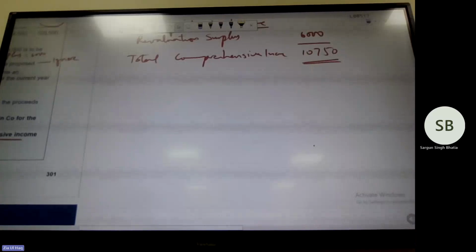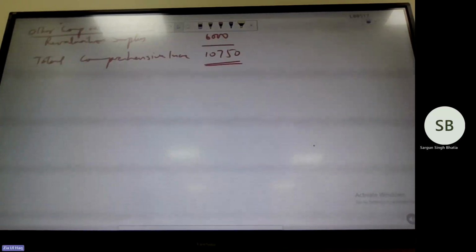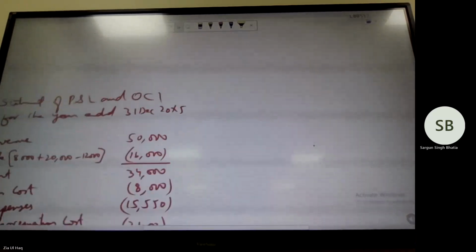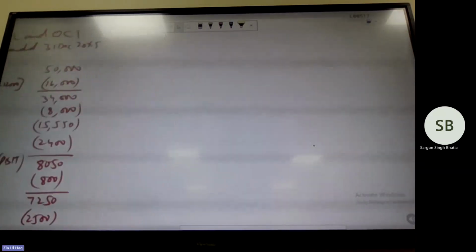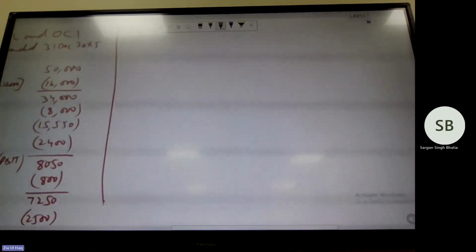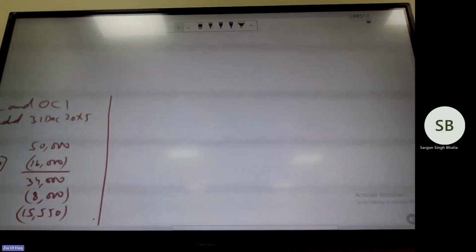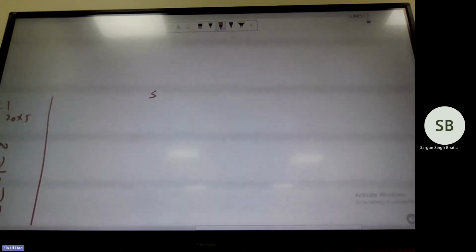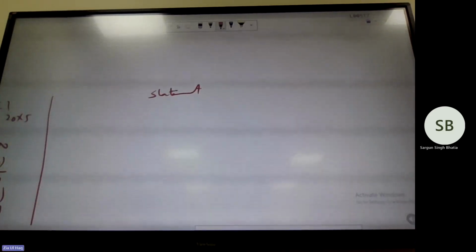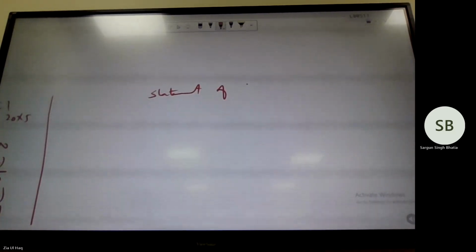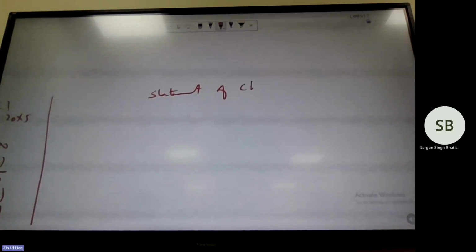Now we are moving towards the next part, that is the statement of changes in equity, or part 3. So we are going to prepare the statement of changes in equity.